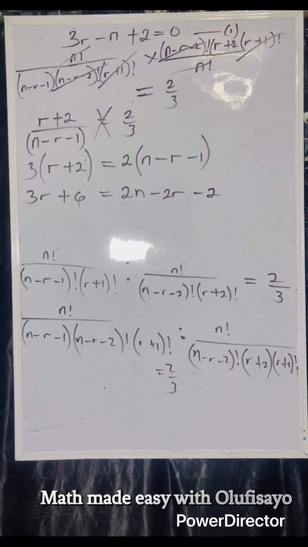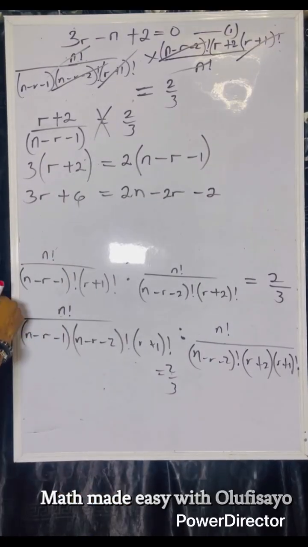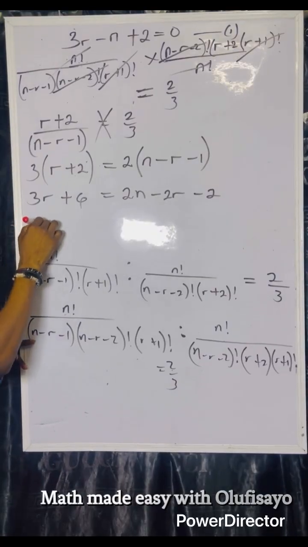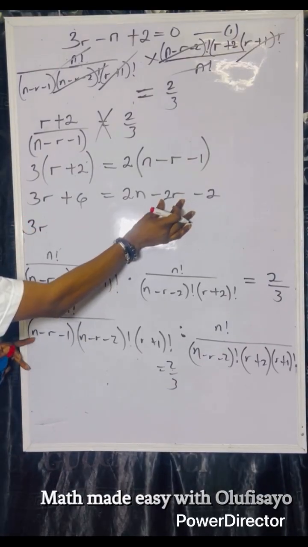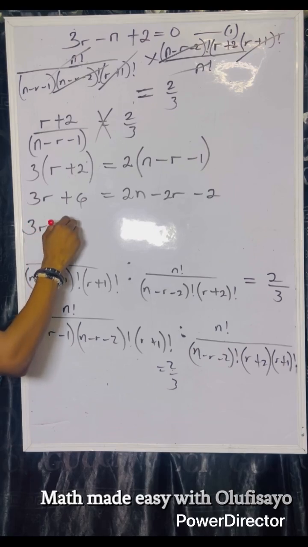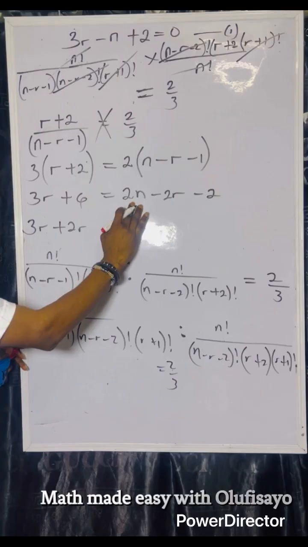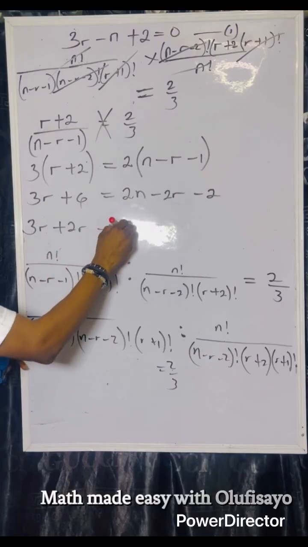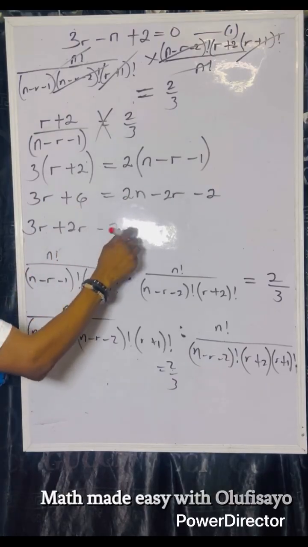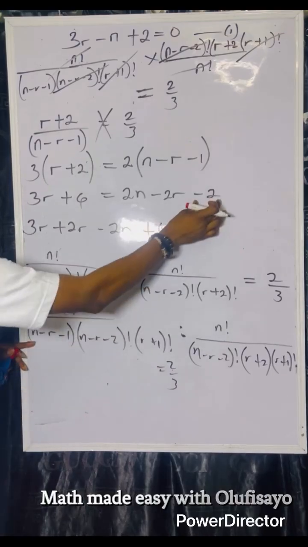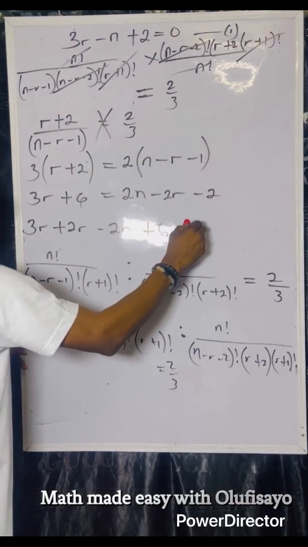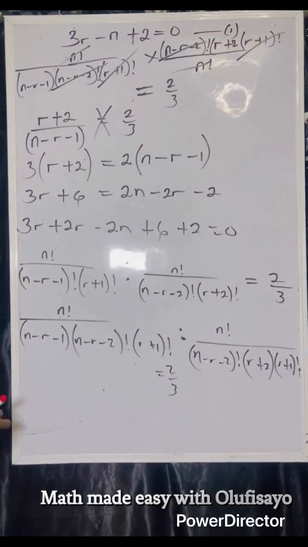Okay, so let's move these to the other side. We're going to have 3r. If minus 2r comes here, it becomes plus 2r. If this comes here, it becomes minus 2n. 6 is already here, plus 6. Then minus 2 comes here, becomes plus 2 equals 0.